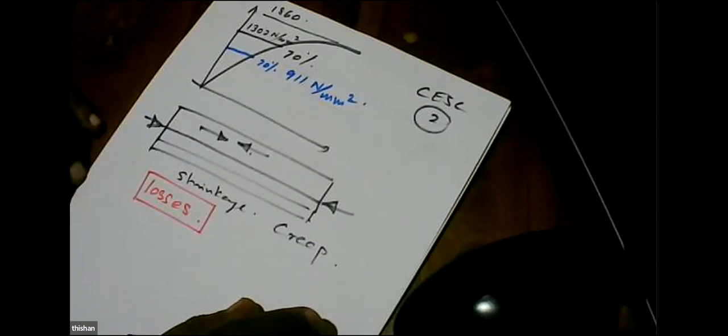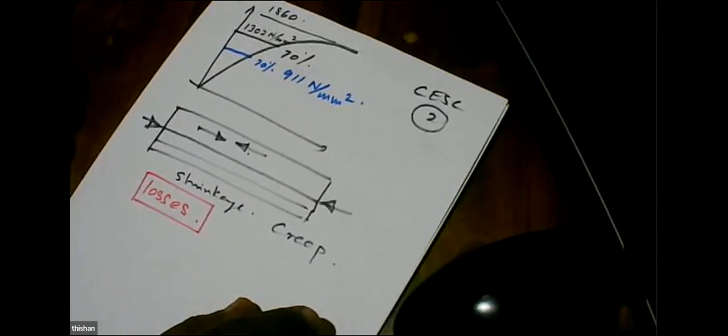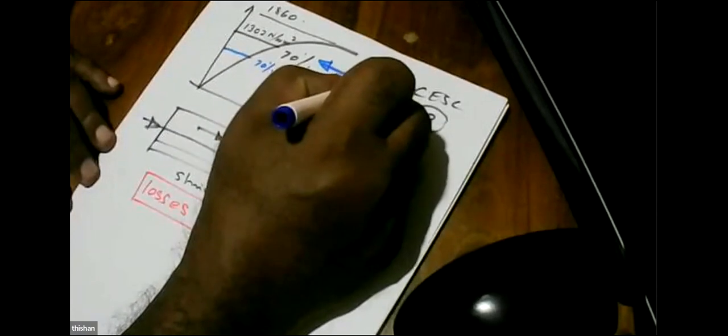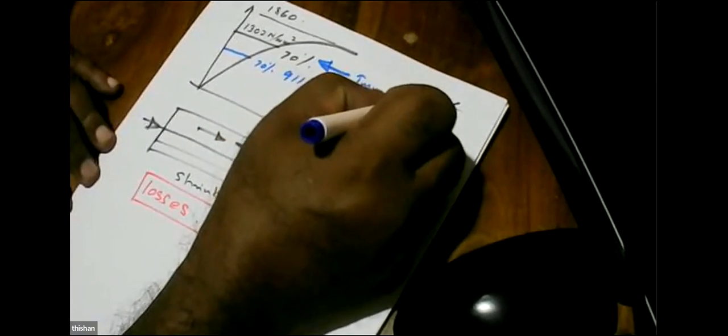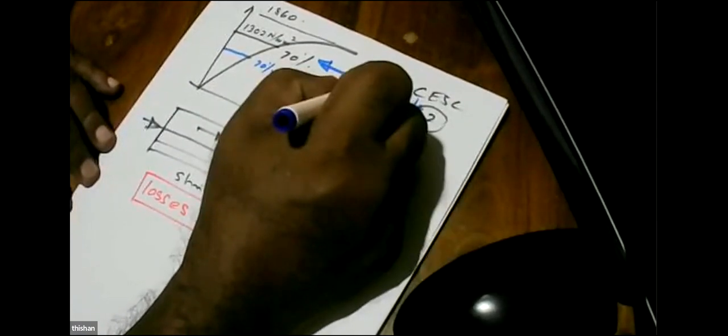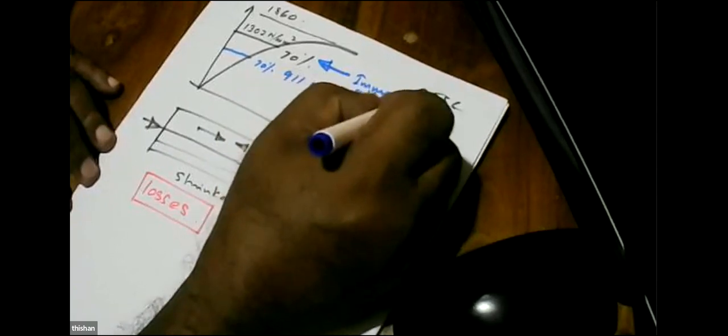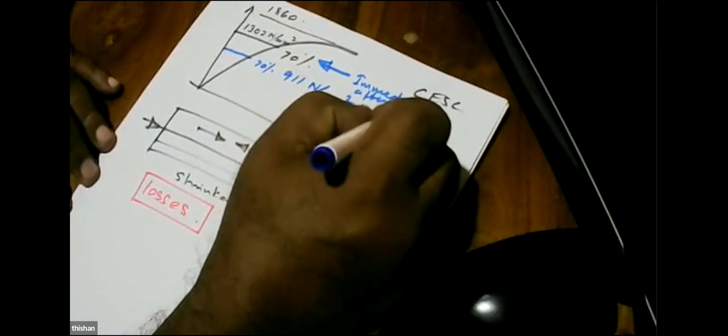So because of that reason, if a pre-stress concrete member is going to fail, the most likely point that it can fail is here. That means immediately after the application of stress.